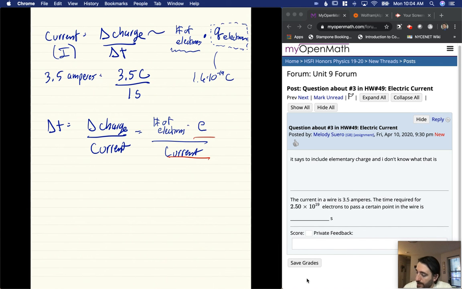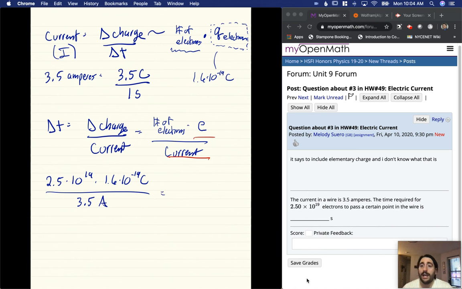So I'm going to plug in my number of electrons, 2.5 times 10 to the 19. Number of electrons, no units on that because it's just like a number, like we're counting, multiplied by 1.6 times 10 to the negative 19 coulombs. That is the elementary charge, the charge on one electron, divided by 3.5 amps.